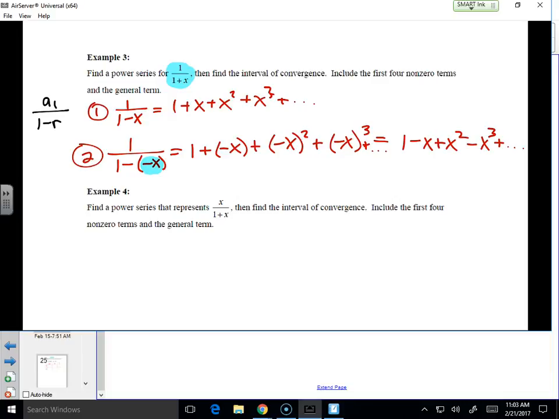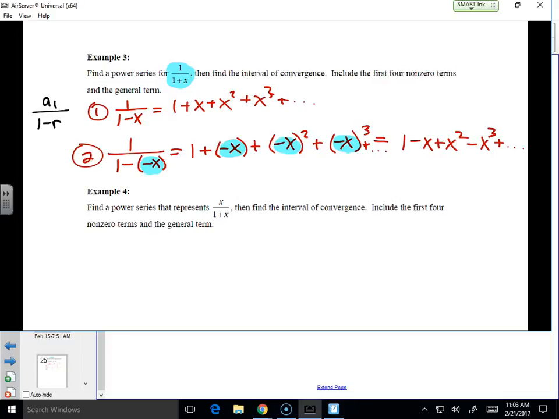But in this one, it's the easy one, because how do I make it 1 plus x? Well, I subtract a negative x. So what am I going to plug in all the x spots? Negative x. Of course. And what happens when I plug in a negative x to even and odd powers? The odd powers need to flip, and the even powers are going to remain the same. I have the first 4 non-zero terms.